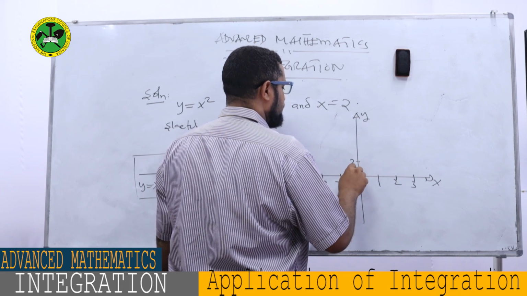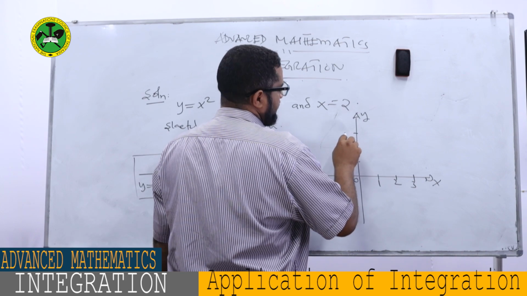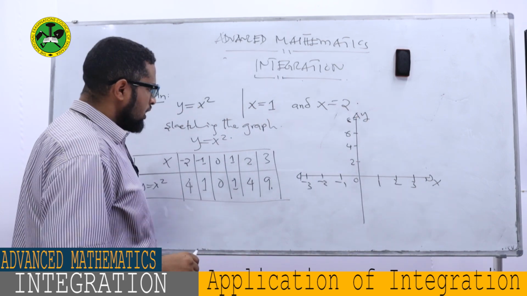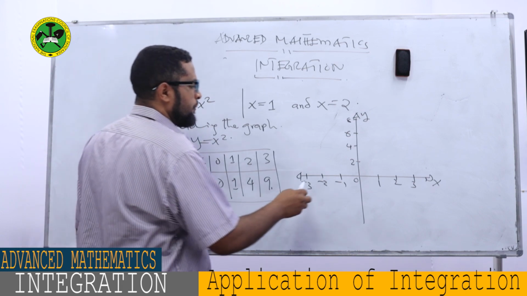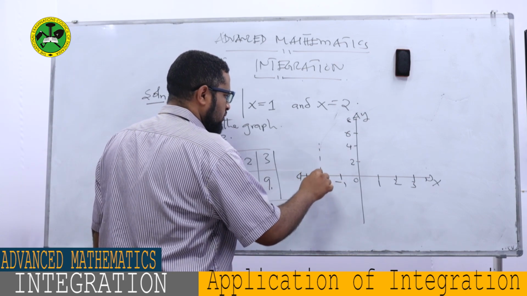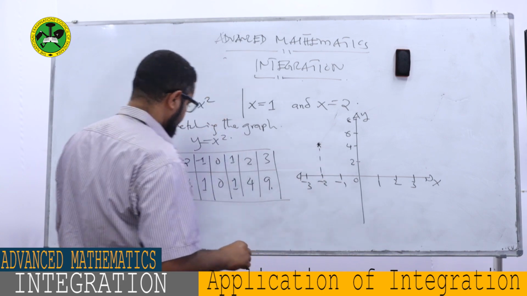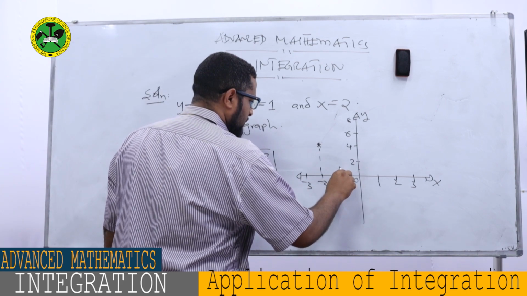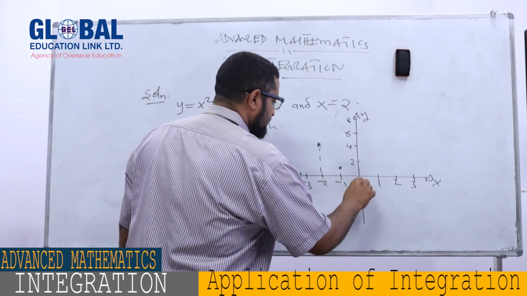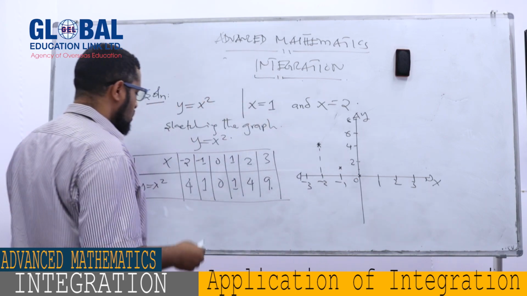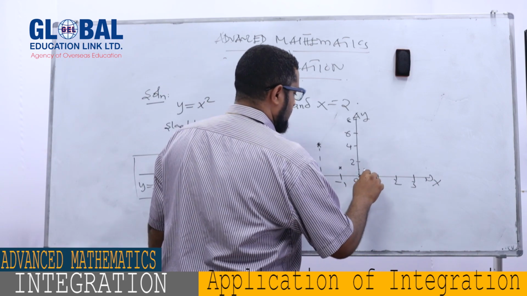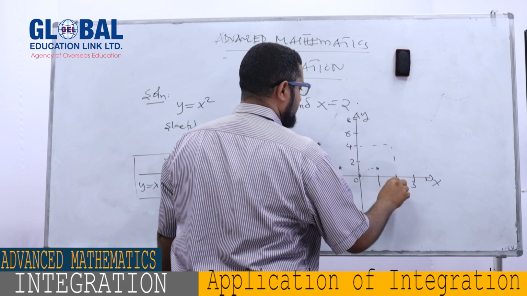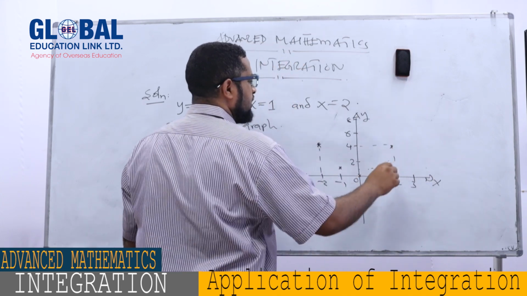So let's assume here we have 2, 4, 6, 8, and so on. Now when x is equal to -2, our y value is +4. -1, we get +1. When it's 0, we have 0. When it is 1, it's just 1. And when it's 2, it is 4. 3 is just 9.